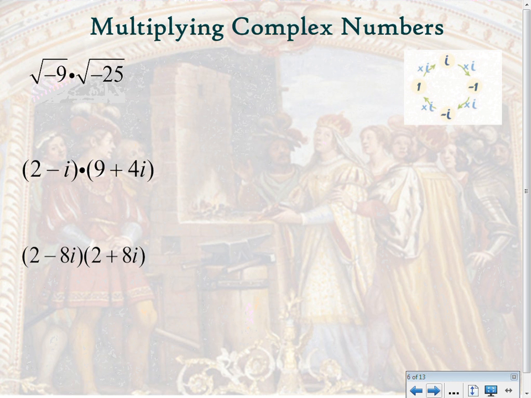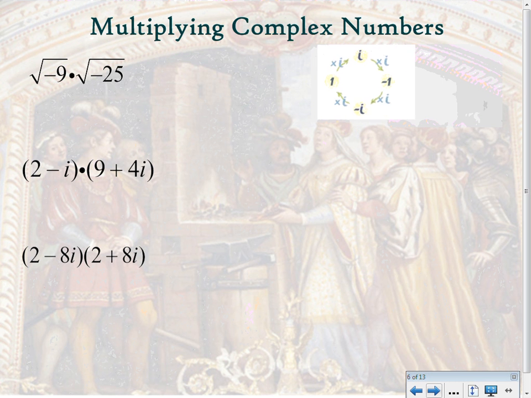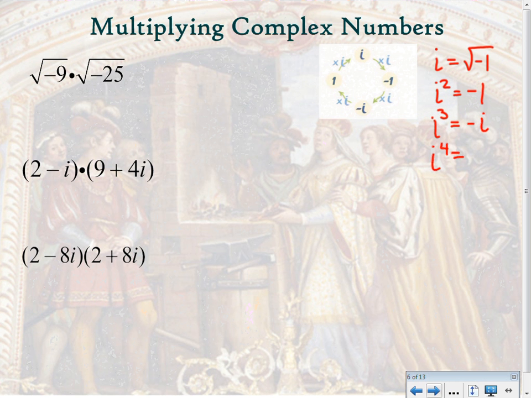Now it gets a little weird with multiplying complex numbers. Let's take a look over here at our kind of helpful diagram. So we have i is the square root of -1. i squared equals -1. i to the third power would be -1 times another i, so it'd be -i. i to the fourth power brings you all the way back to 1.